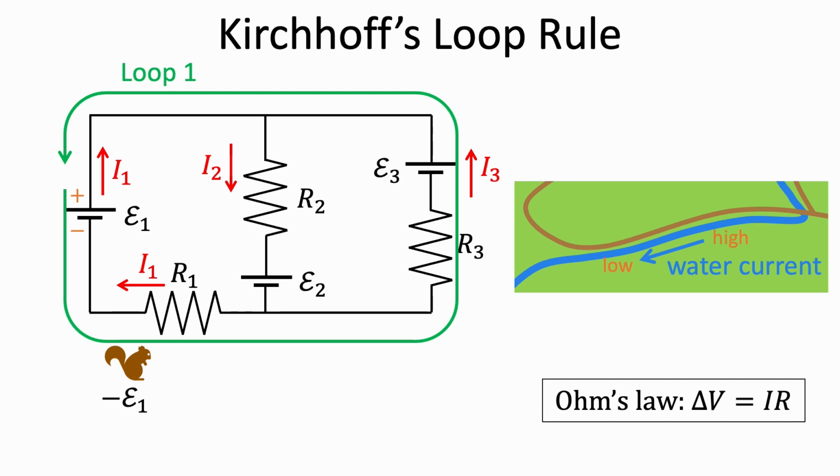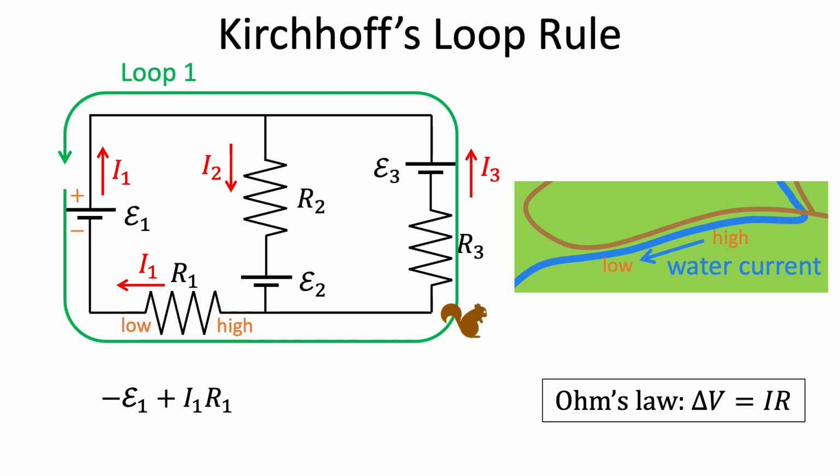Similarly, since the current flows from right to left in resistor R1, we know that the right side must be at a higher voltage than the left side. So as I move across the resistor, I go from the low to high voltage, making the voltage change positive. And the voltage change for the resistor should be positive I1 R1.